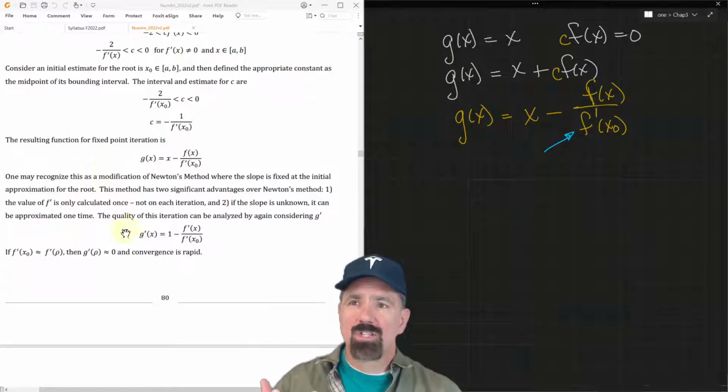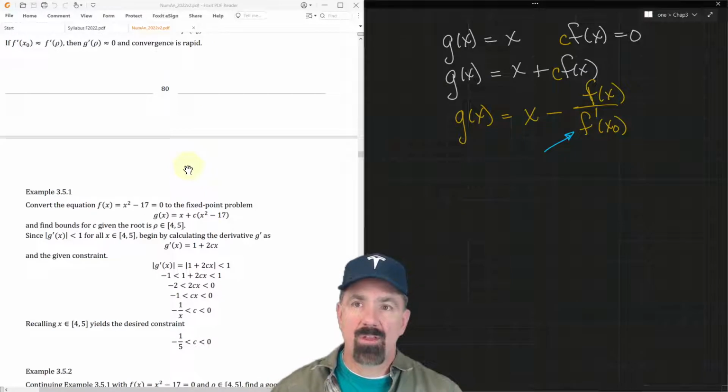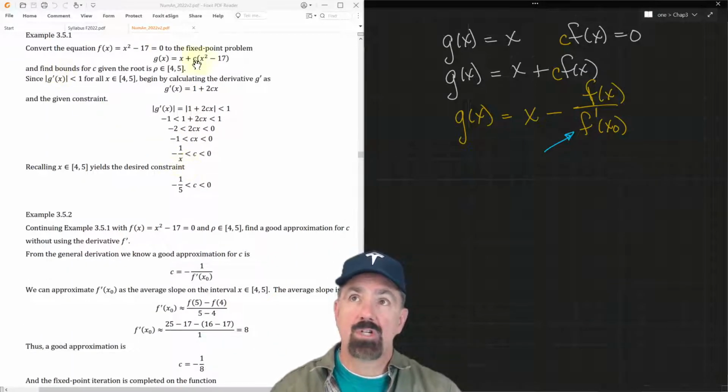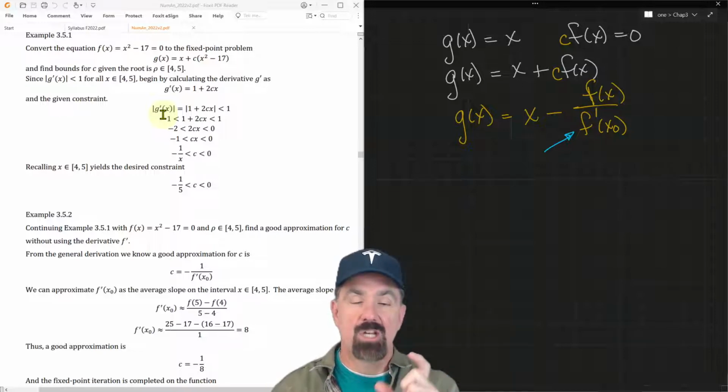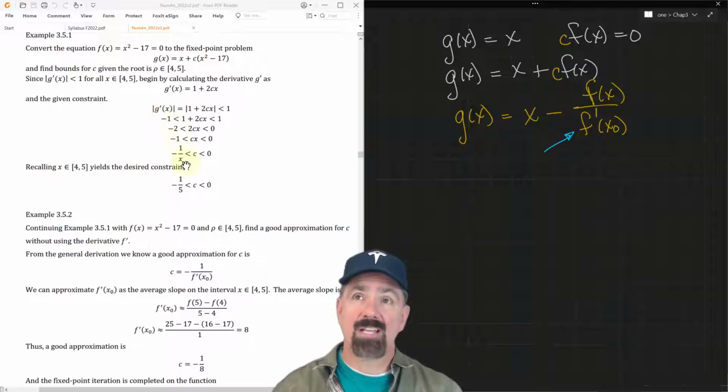And so there's more discussion about this, along with a couple of important examples that show exactly how I can find a limit for this. So again, walking through the derivation, by taking my g, I've defined it the way I need to, I've included the c, then I start taking the derivative and I start looking at bounding what my rate of change is going to be. My rate of change in absolute value must be less than 1. That bound provides for me a range of my c values.